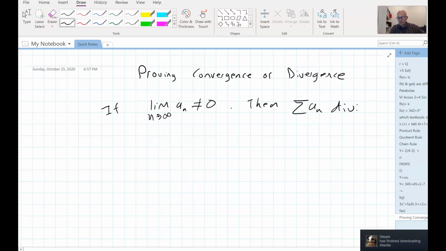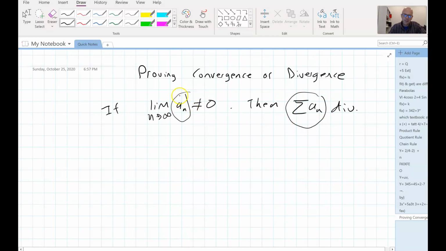And so you can see the difference here: in this case I'm talking about the sequence, in this case I'm talking about the series. So I looked at the sequence that's being added up in this series, found out something about it, and because of this test, it told me something about the series.